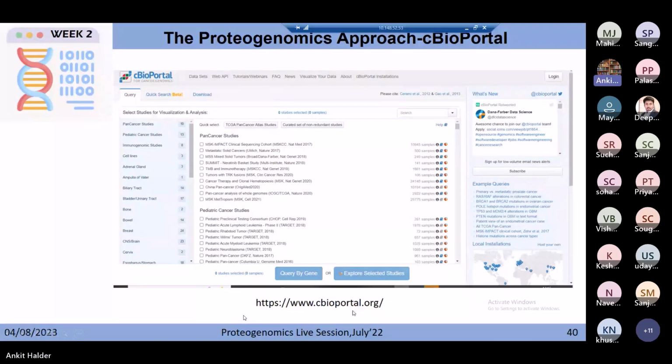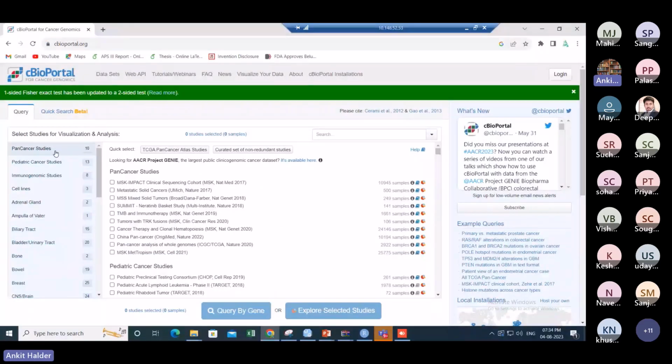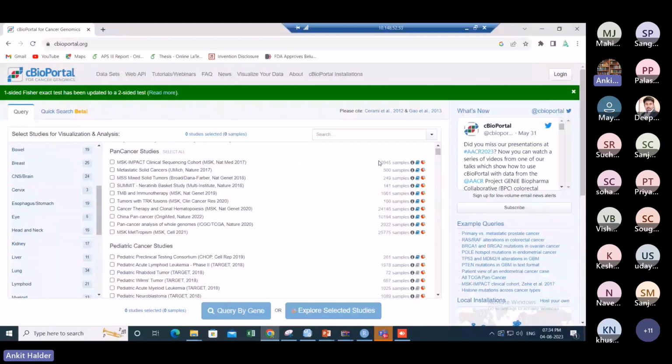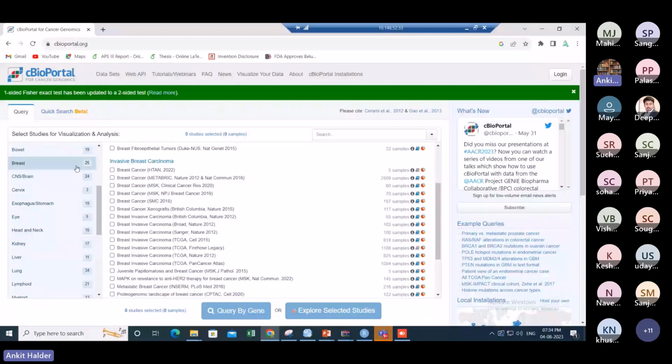So now we will try to see how we can explore this. You can see that all the cancer studies, pan-cancer studies, pediatric cancer studies, and cell lines are listed here, along with how many samples have been used in the different studies. Now let us try to find all the studies related to breast cancer.